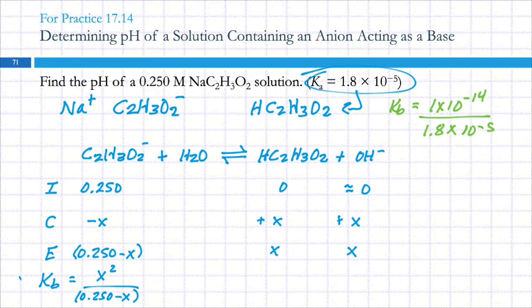I'm getting 5.5 forever times 10 to the minus 10. So that's what this is equal to: 5.556 times 10 to the minus 10.